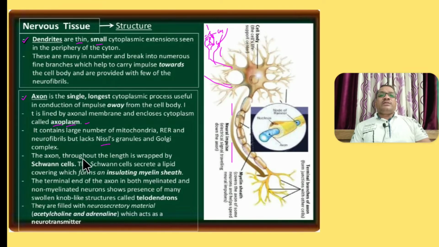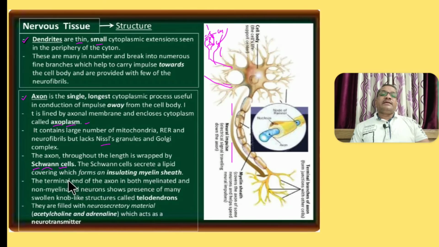The axon throughout the length is wrapped by Schwann cells. If you see the structure here, specific cells are present throughout the length of this axon, and they consist of what? They consist of Schwann cells. The Schwann cell secretes a lipid covering.